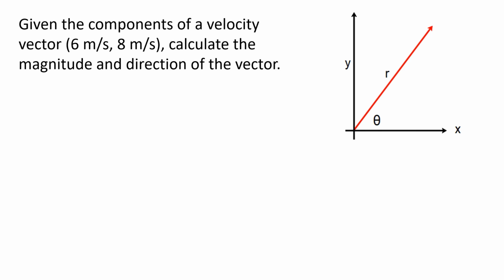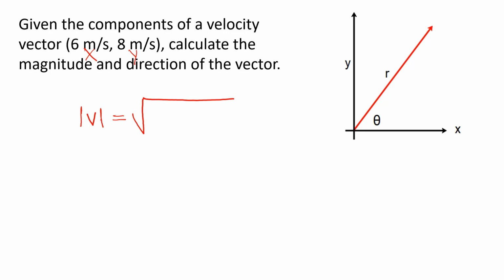So how about if we start with the components? So we have the Cartesian components. This is like the x component, this is the y component of a velocity vector. Calculate the magnitude and direction of the vector. If we're calling it a velocity, we denote magnitude by absolute value.